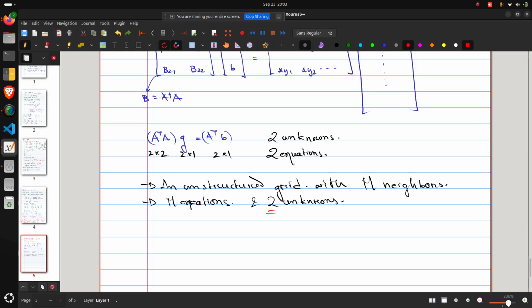In the case that we have a two dimensional grid, specifically for that case, it will be two unknowns.